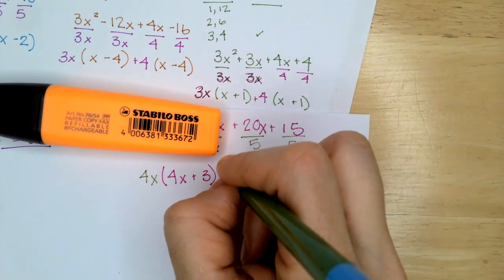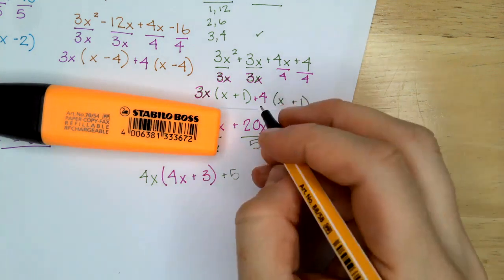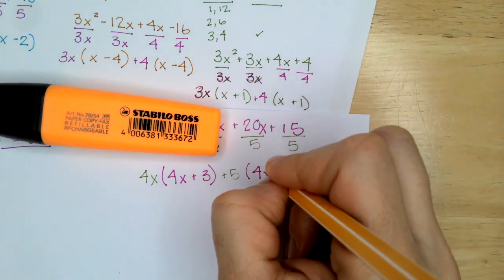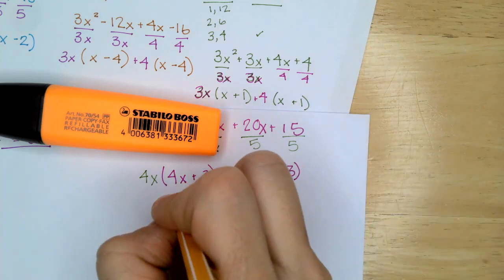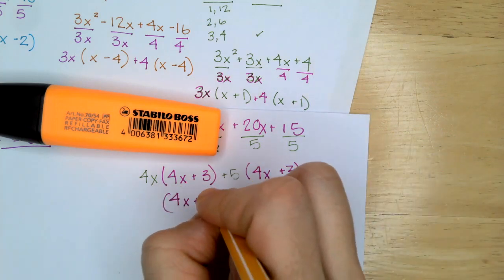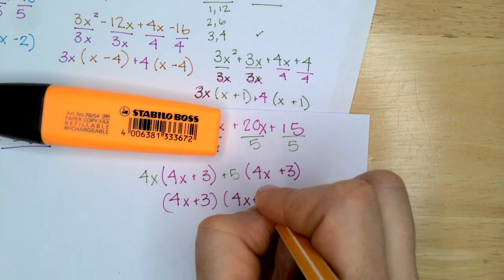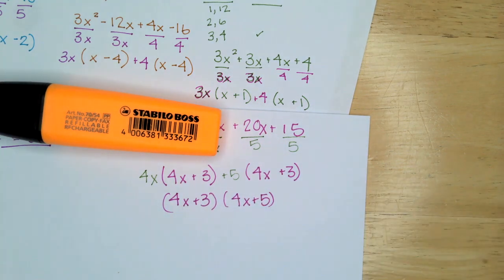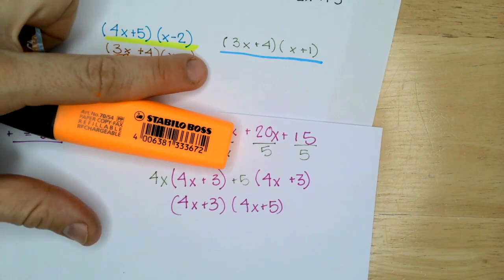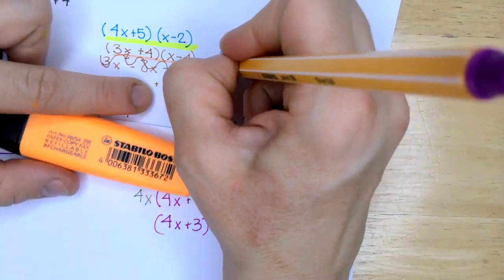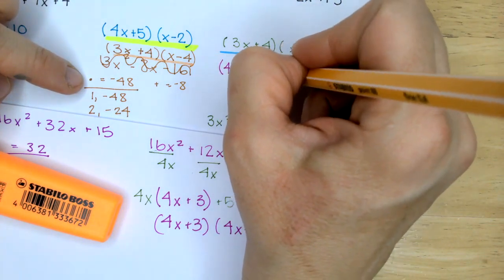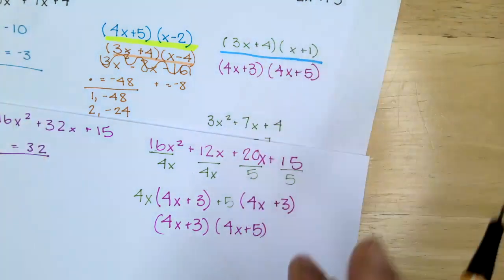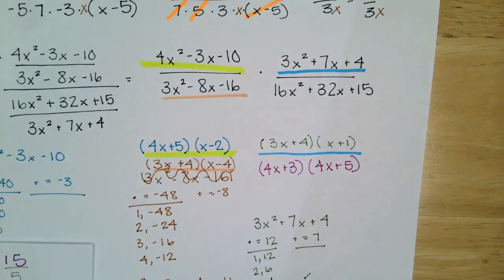So it's plus 5. 20x divided by 5 is a 4x. And then 15 divided by 5 is 3. So that's 4x plus 3 times 4x plus 5 for that one. So that will go right here. 4x plus 3 times 4x plus 5. That's for this one.